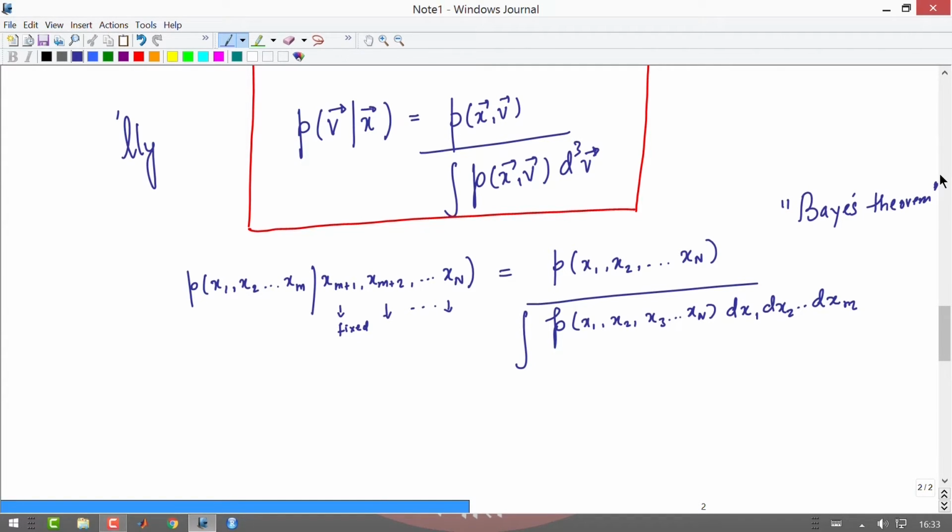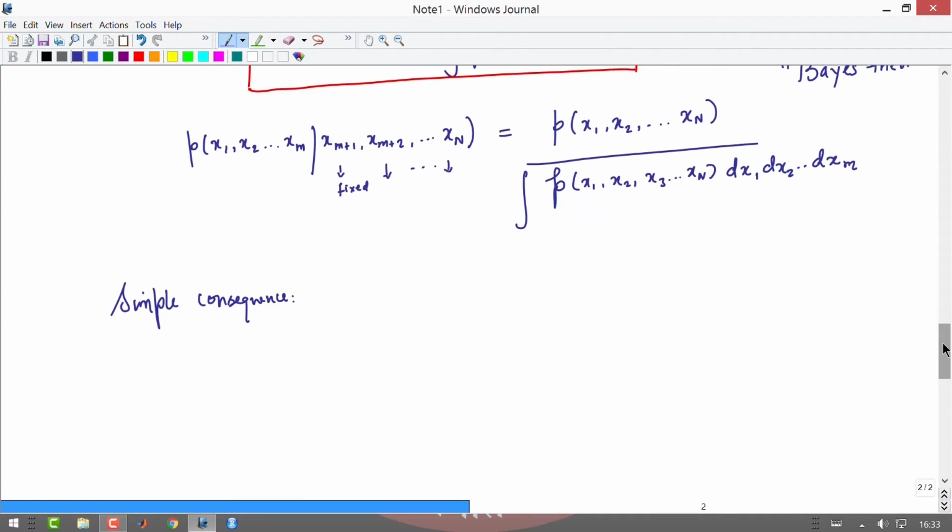And a simple consequence of a Bayes theorem is that if your random variables are completely uncorrelated, okay, let us take for the simple case of two variables.